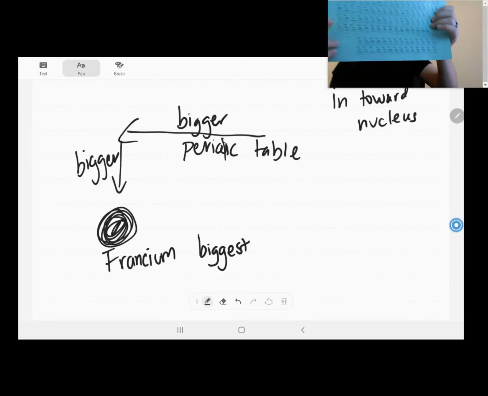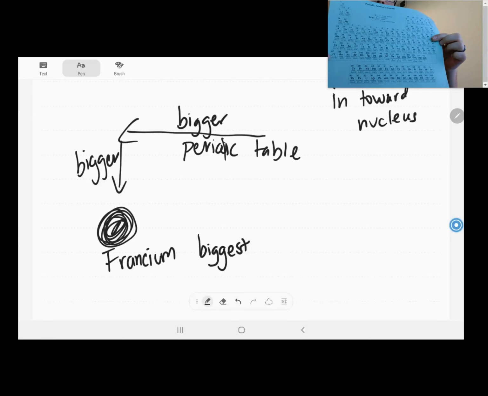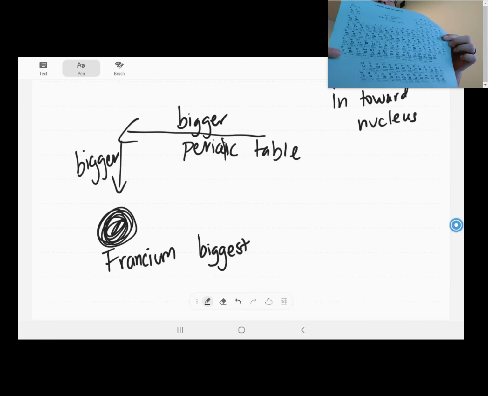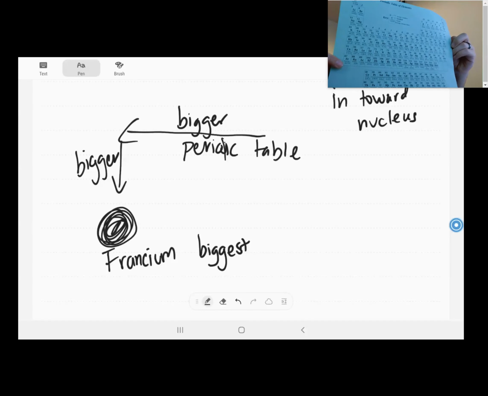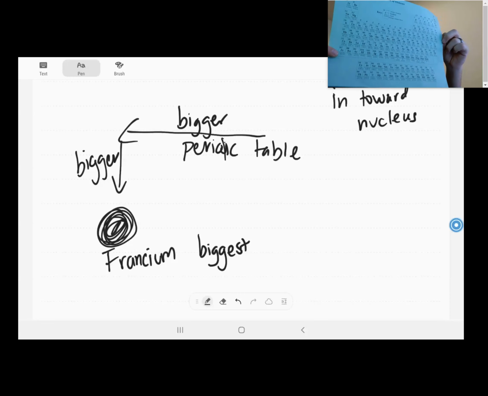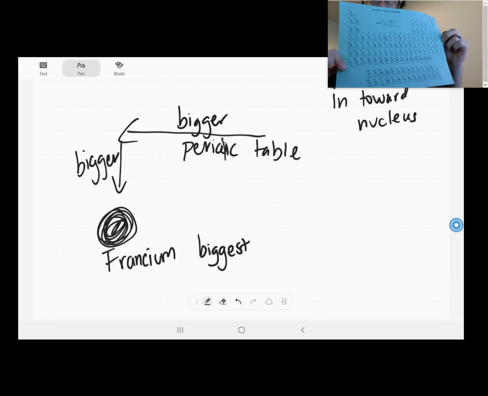Okay, so that is this guy down here. I'm sorry, this hand. Yeah, not that one. Francium is the most left and the most down on the periodic table. That means it's going to be the biggest one, the biggest of all the elements, francium, right here.